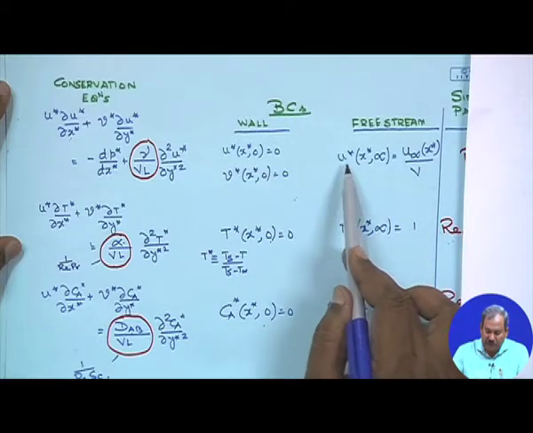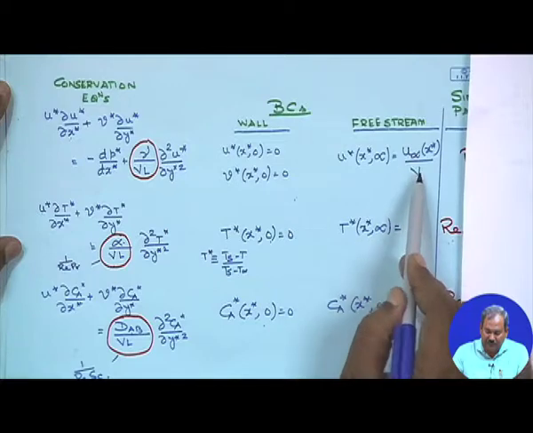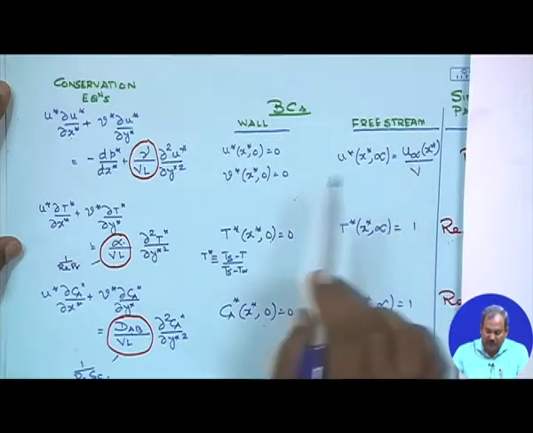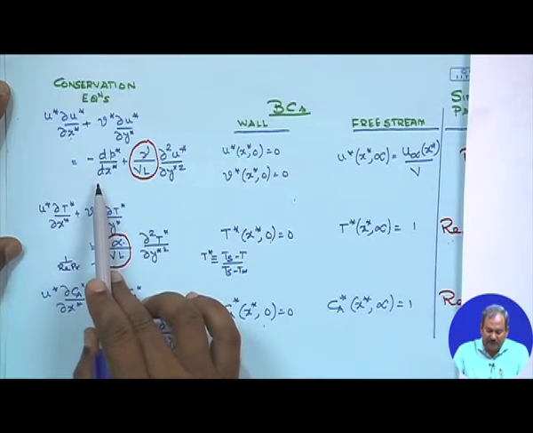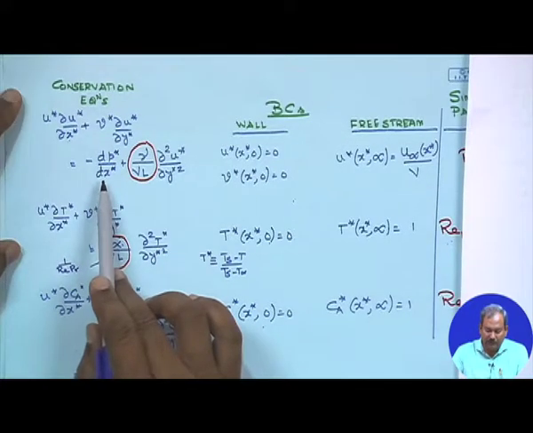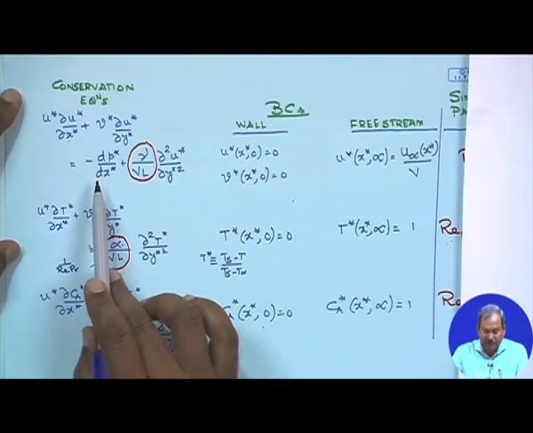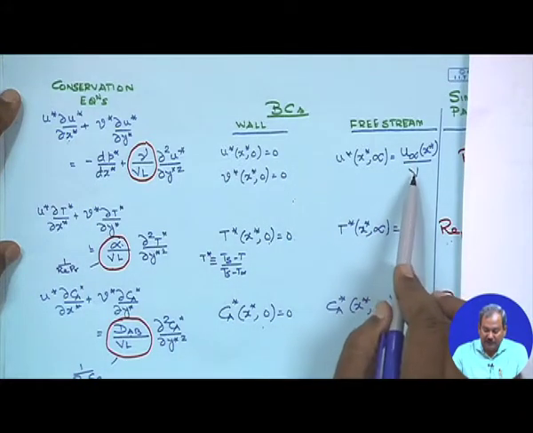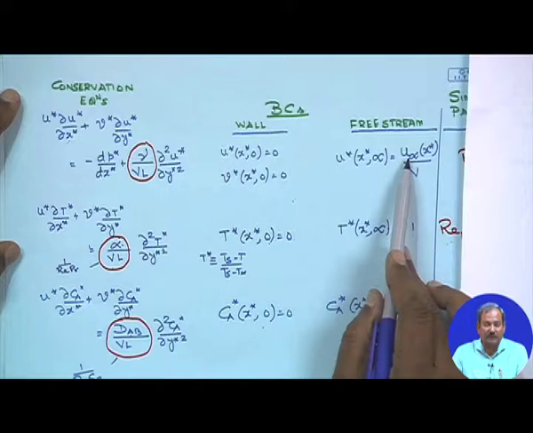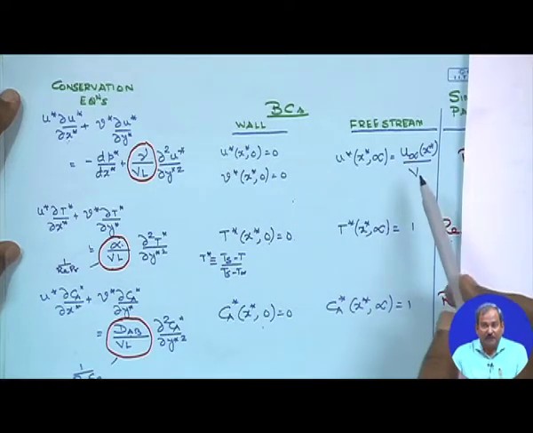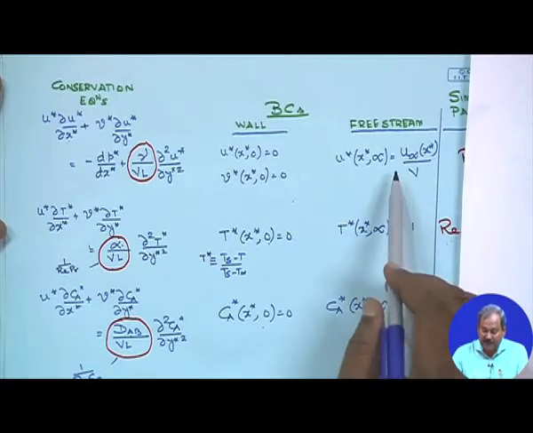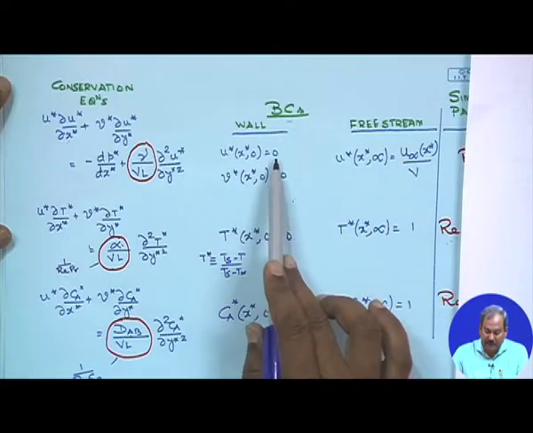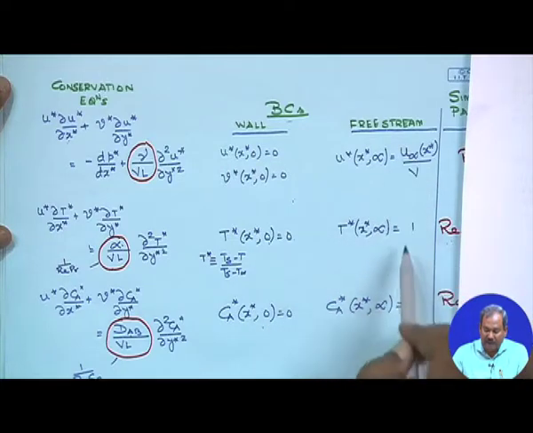However, U star, which was equal to U infinity by V, now would be equal to 1 since I have assumed dp dx to be 0, and that is essentially a case of flow over a flat plate, and we understand that for flow over a flat plate the value of the approach velocity would be equal to the value of the free stream velocity. So, by making the assumption dp star dx star equal to 0, what I am doing over here is making all the boundary conditions identical both at the wall as well as the free stream.